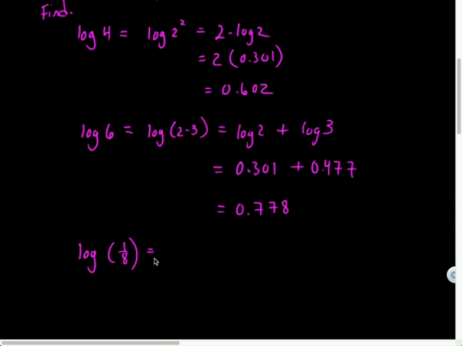Log of 2 to the negative 3rd. Log of 2 to the negative third, right? 2 to the negative third is 1/8. And then using our power property, I can move that negative 3 out front. So negative 3 times log of 2.